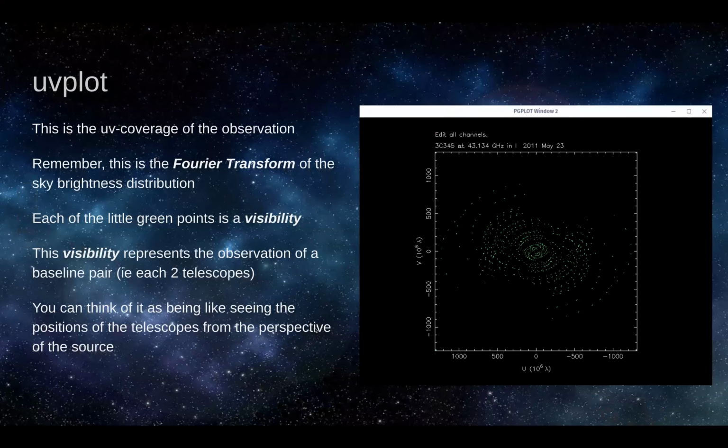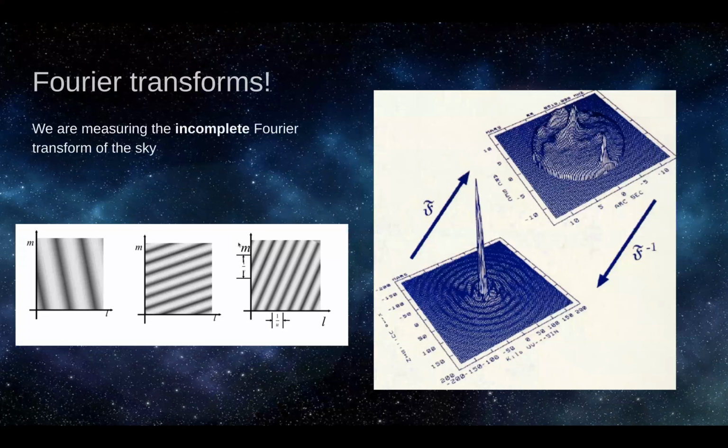Cool. So what are we actually doing here? What we do here is Fourier transforms. I touched on this last week. Remember I said that when we're creating a radio image, we are in effect taking lots and lots of 1D slices across the source and then trying to reconstruct the image from that. That's the idea.